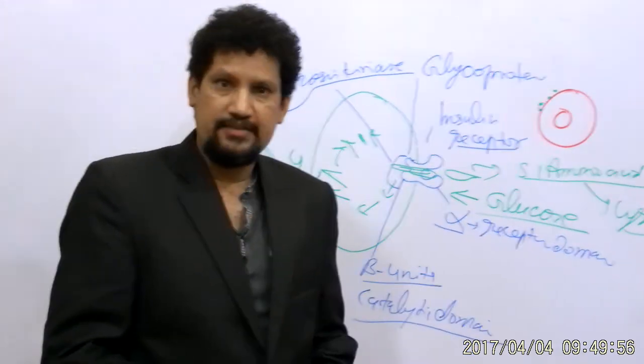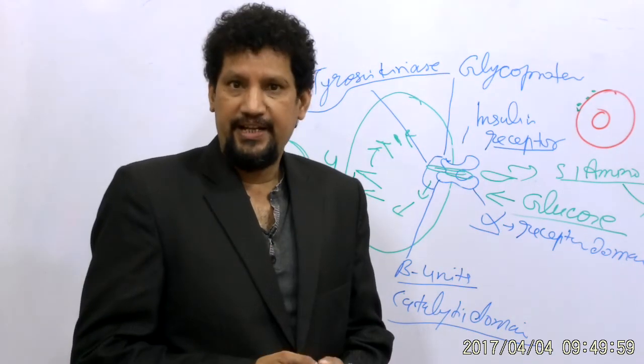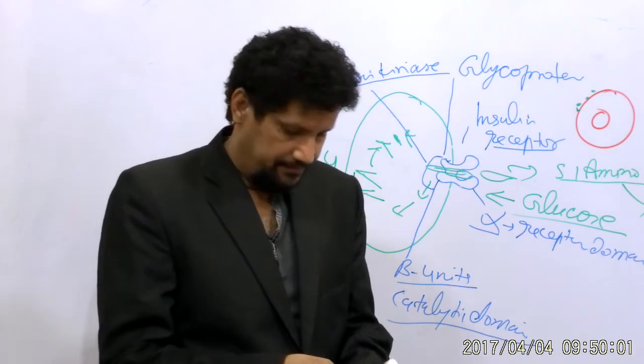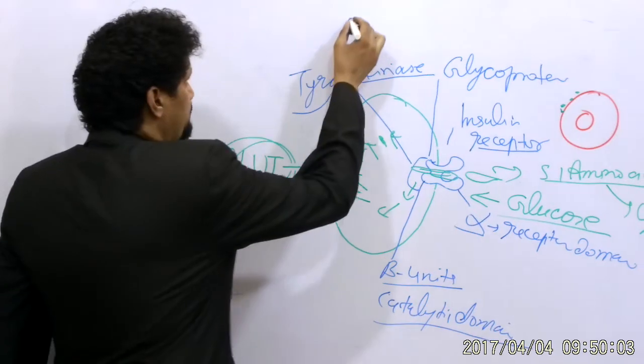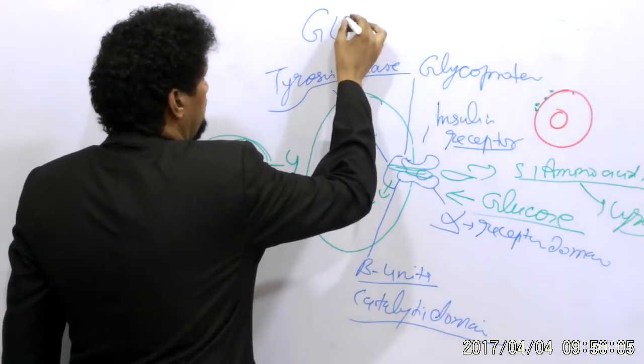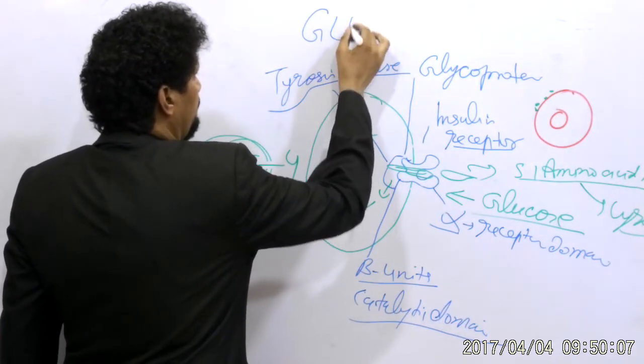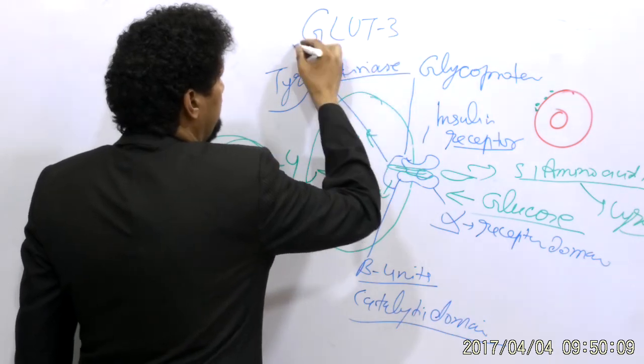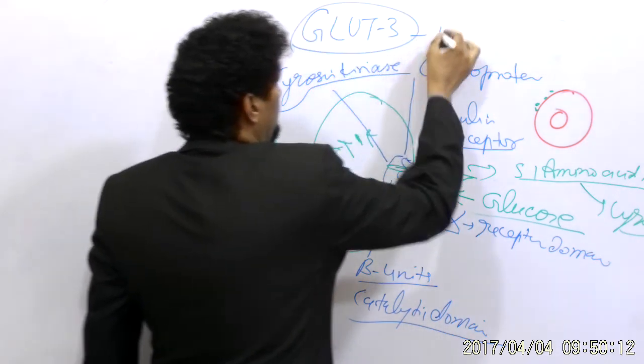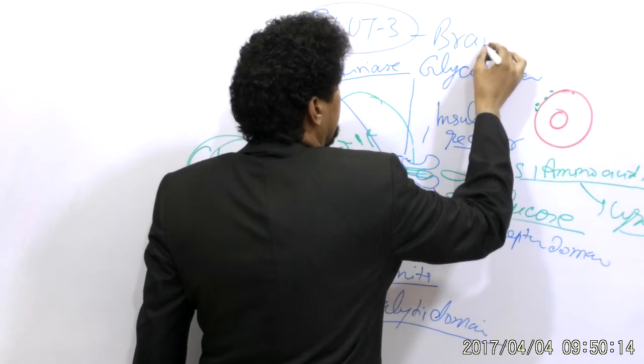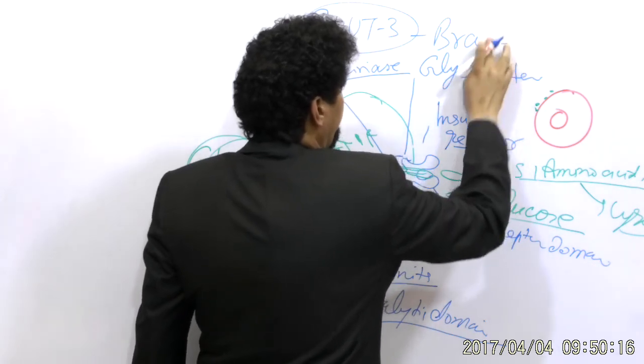Some other glucose transporters, known as GLUT3, are responsible in the brain. So GLUT3 transporters are in the brain. The brain and RBCs can utilize only glucose as fuel.